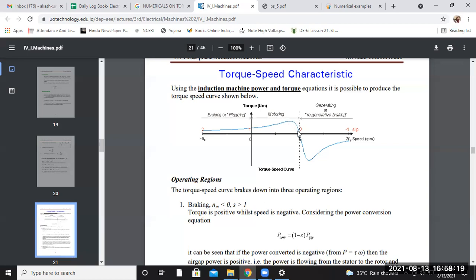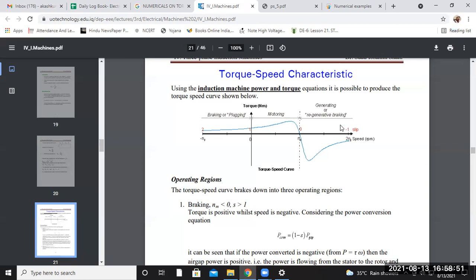At synchronous speed the motoring torque reduces to 0, and as the speed increases further, the slip decreases, varying from 1 to 0, then 0 to negative. For negative slip, when the induction machine operates, it is named an induction generator, or regenerative braking. For regenerative braking, the speed varies from Ns to 2Ns, and the slip varies from 0 to -1.